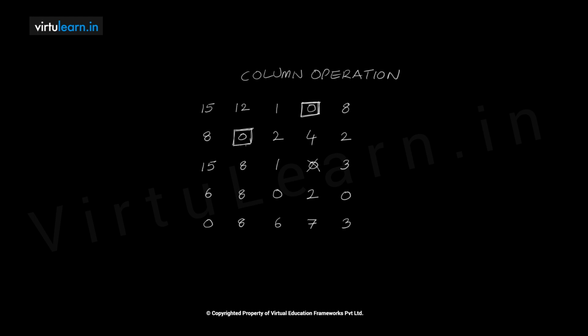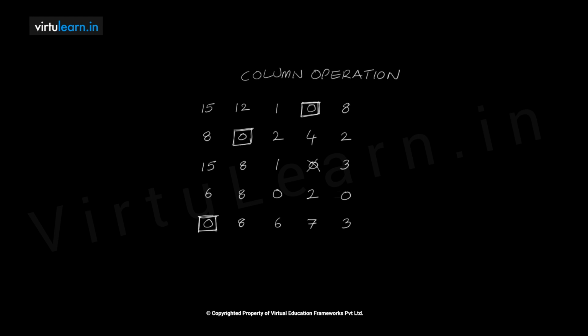So we'll check whether any zeros are there in that column: no zeros. In this row no single zero is there. Here two zeros are there, so we are not going to make any allocation. Then in the last row we'll find one single zero, so we'll mark it with a box, making an allocation here.